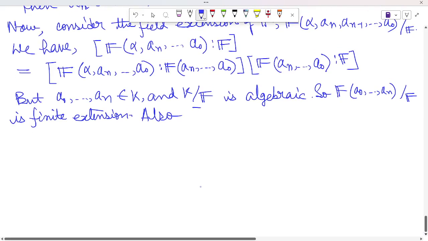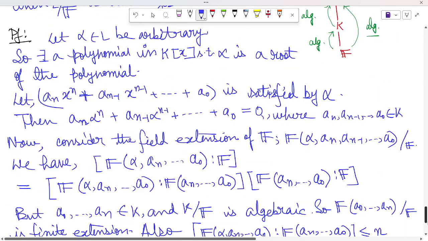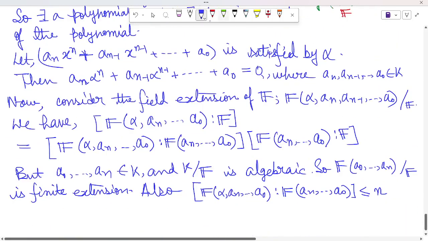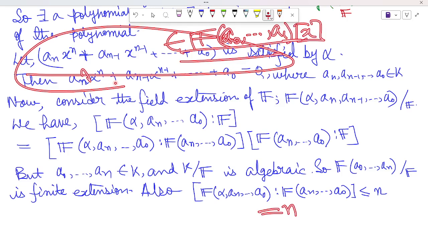Also this other degree is less than or equal to n, because I already got a degree n polynomial, and that polynomial is over F(a_0, ..., a_{n-1}). If it is minimal, the degree of the extension is n, but I don't know whether it is minimal or not.